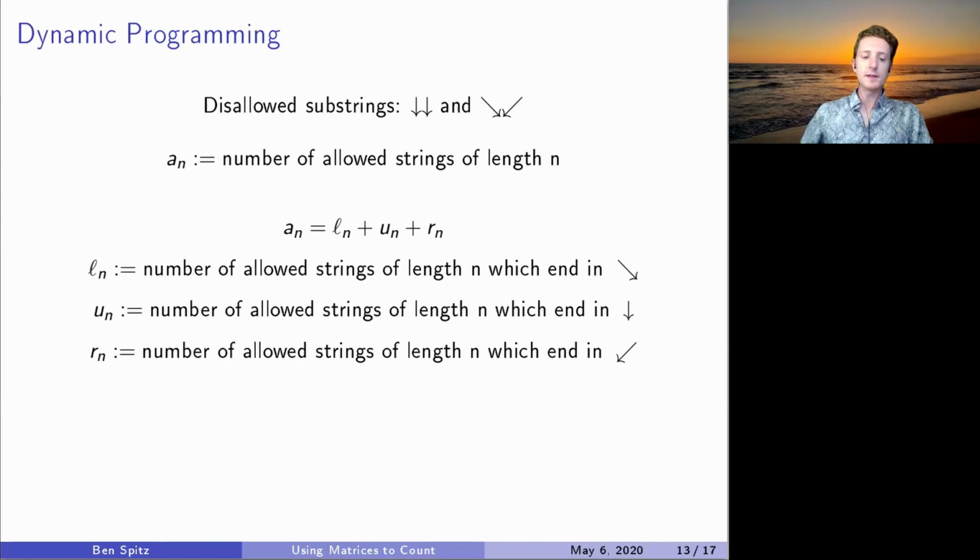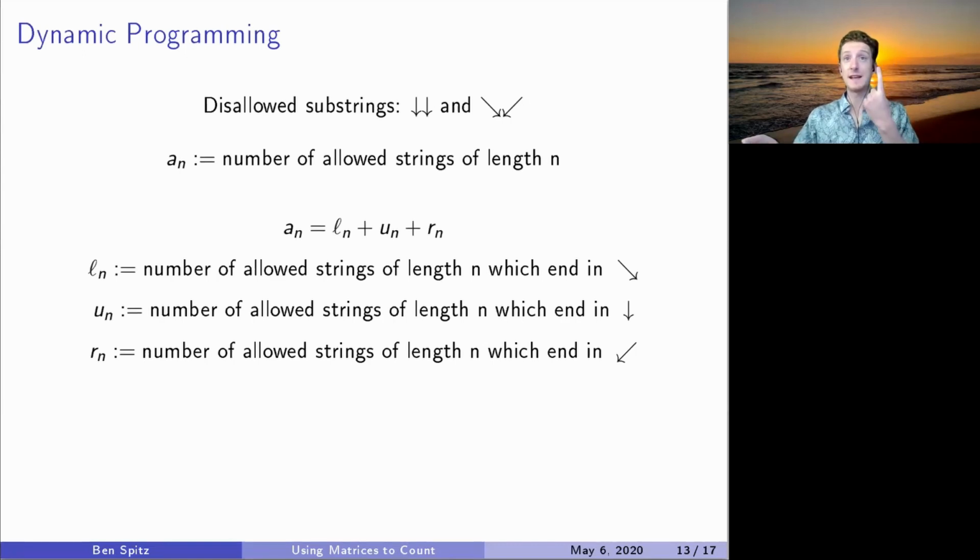The good news about these sequences is that, even though A sub n doesn't have a nice recurrence relation. The reason is that just by knowing how many strings there were of length n minus 1, it's hard to know how many strings you could make next, because how many of those strings ended in the straight arrow?